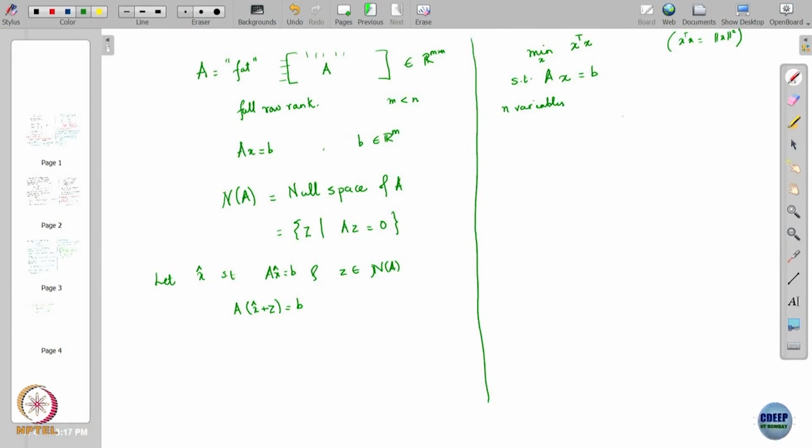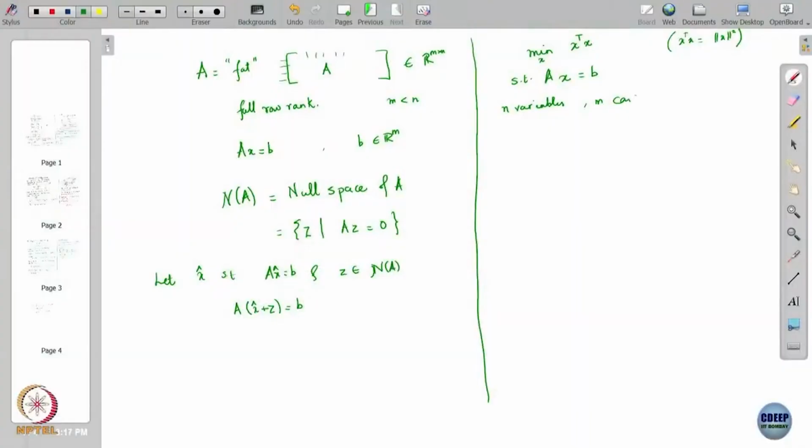M of these, right, all of them are put together. I have written it as a matrix equation, but it is basically m individual scalar constraints, n variables, m constraints. So, this is now an optimization problem of trying to find the solution of least norm that satisfies a linear system of equations. Right. Let us solve this.